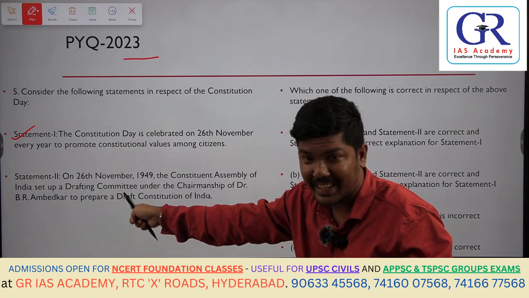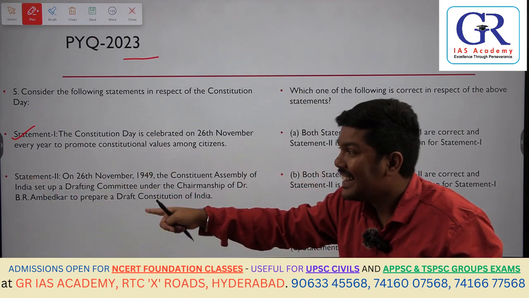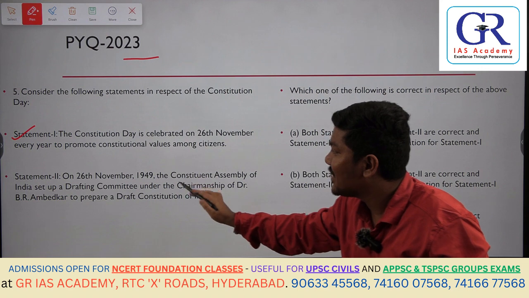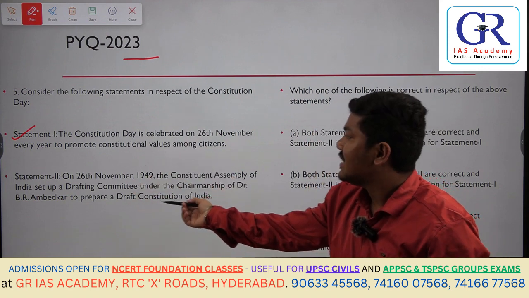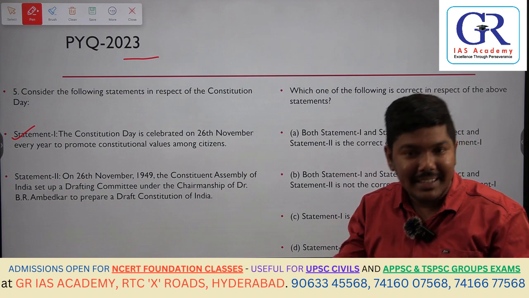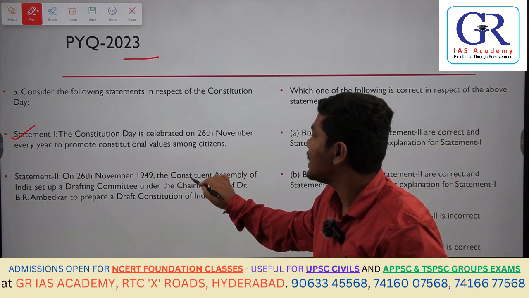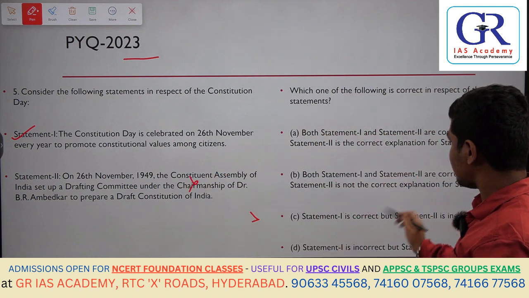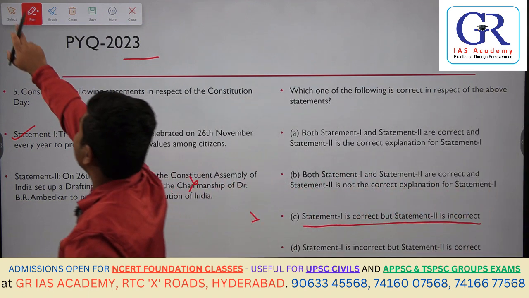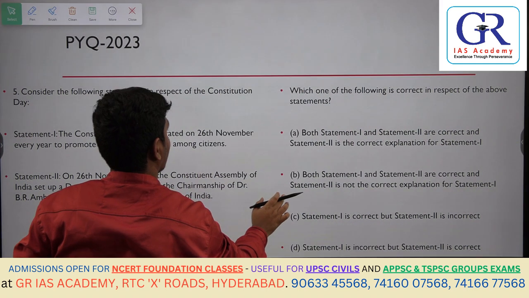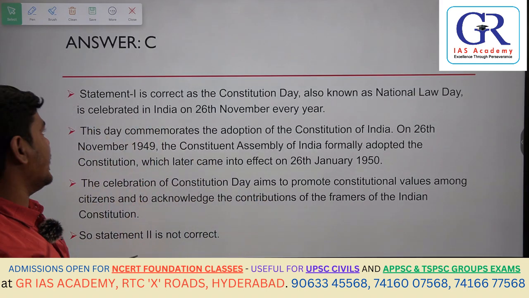But see how they have given it. They are saying that on November 26th, the Constituent Assembly set up a drafting committee to draft a Constitution of India. Is that true? No. So that means only statement 1 is correct and statement 2 is incorrect.